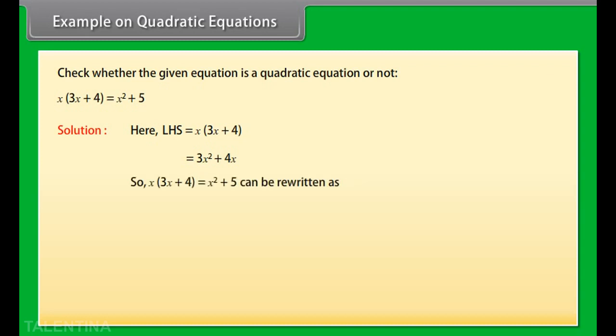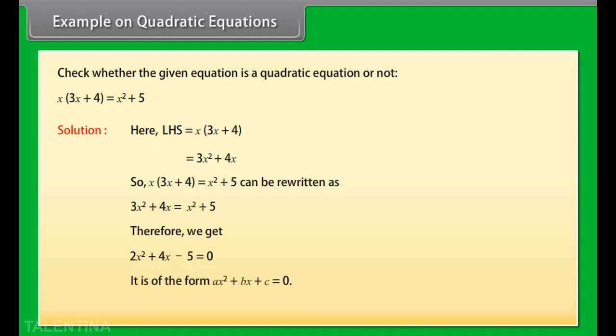So x into 3x plus 4 equals x square plus 5 can be written as 3x square plus 4x is equal to x square plus 5. Therefore, we get 2x square plus 4x minus 5 is equal to 0. It is of the form ax square plus bx plus c is equal to 0. So, the given equation is a quadratic equation.